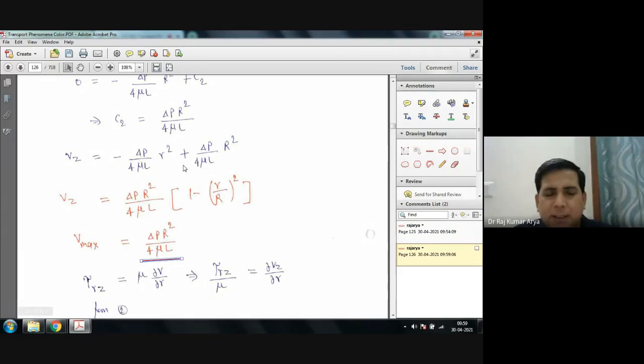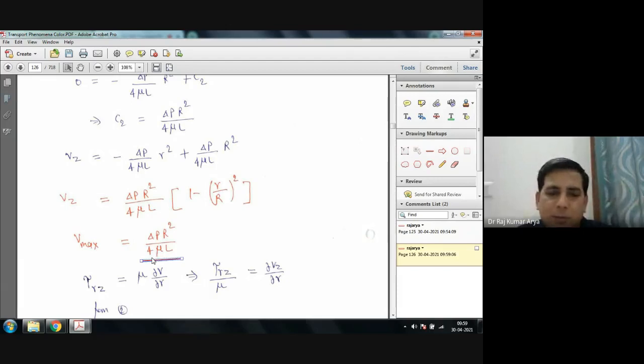Now, to find the maximum velocity for a given fluid, you need not perform any practical. You can just measure the delta P on both the ends. Length of the pipe is always known to you. Viscosity of the fluid is also known to you. Radius of the pipe is already known to you. So you can calculate what could be the maximum velocity if I apply this much pressure drop.